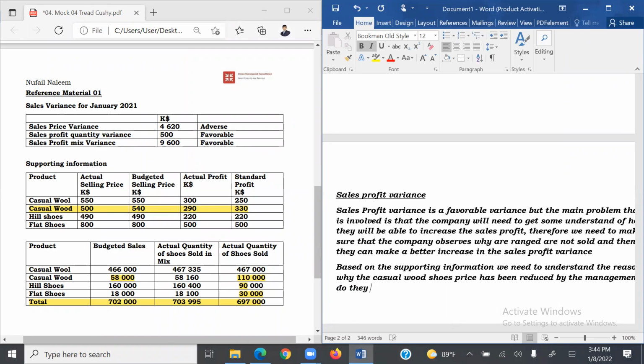Do they have any profit targets? Because sometimes even management needs a profit target, yes or no, students? Therefore we need to make sure that the management is able to learn, understand and also disclose the reasons for price changes.